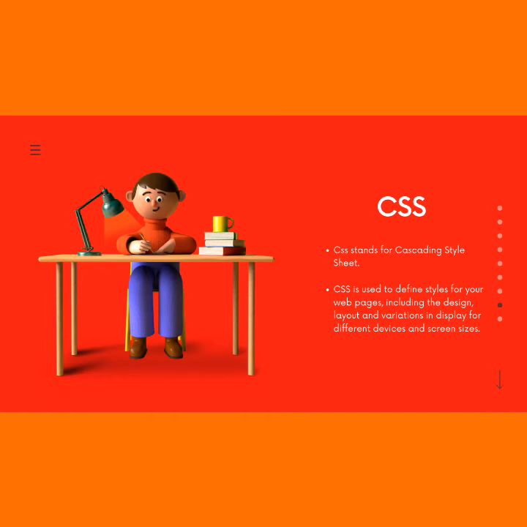Now we're at CSS. CSS, for those that do not know, stands for Cascading Style Sheets. CSS is used to define styles for your web page, including the design, layouts, variation, and display for different devices and screen sizes. The one thing that you need to understand about CSS before using it is the syntax.